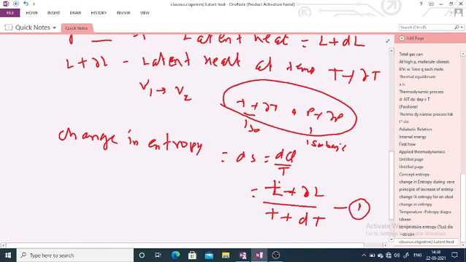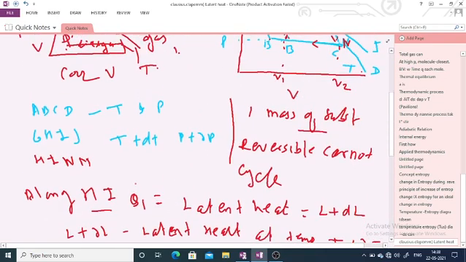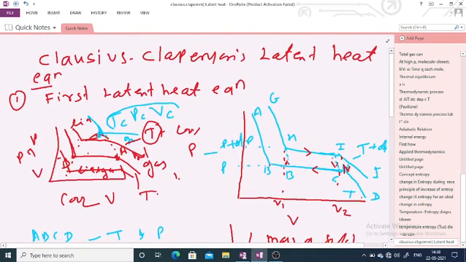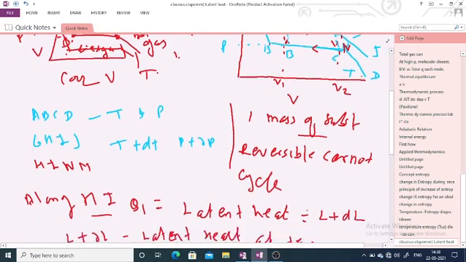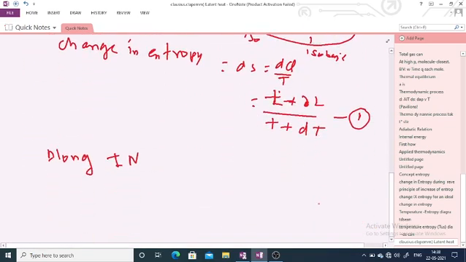Now along the IN, the substance expands adiabatically, so its temperature will decrease. There is no exchange of heat with the surroundings. Along the IN, Q is constant.